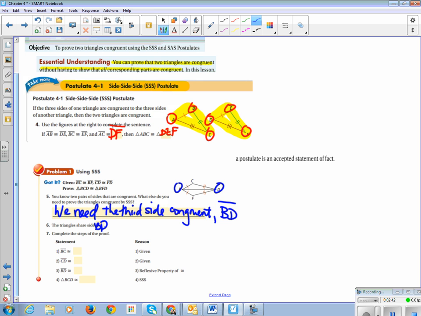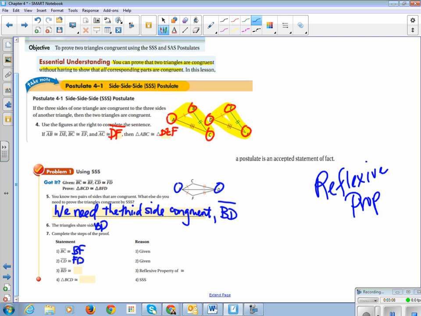BC is congruent to BF. It's given. CD is congruent to FD. That's also given. Reflexive property. You guys, what's the reflexive property again? I remember this because it's like a mirror.